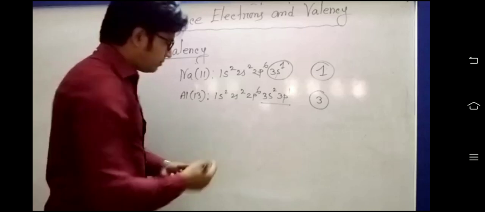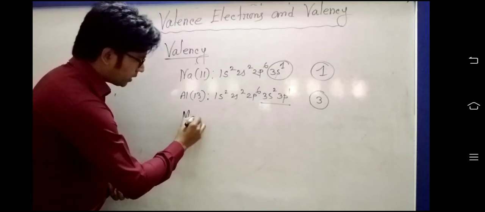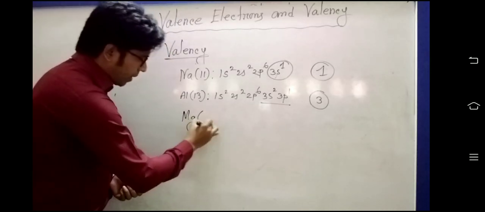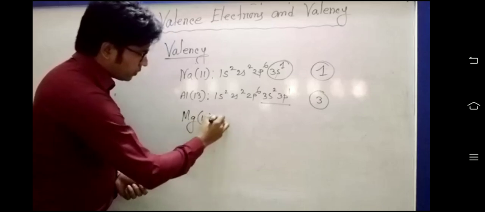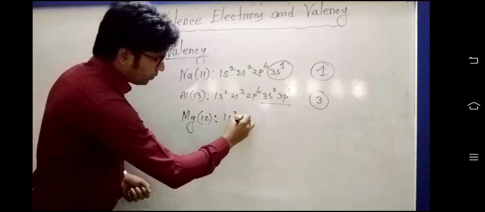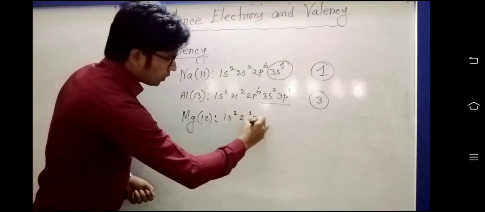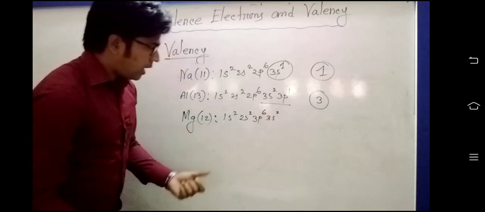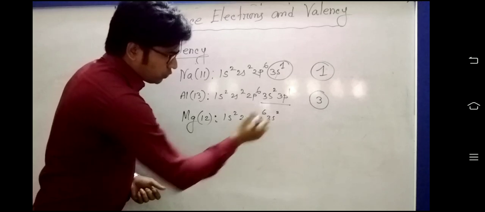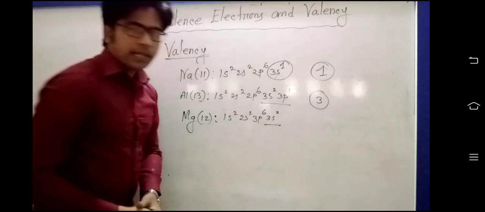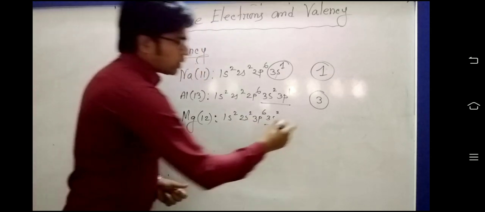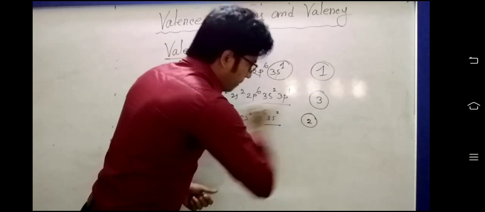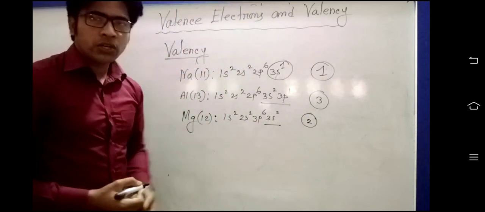For another metal, magnesium, the atomic number of magnesium is 12. So 1s2, 2s2, 2p6, 3s2, up to here 10 and 12. So in the outermost shell there are 2 electrons. So the valency of magnesium is 2.